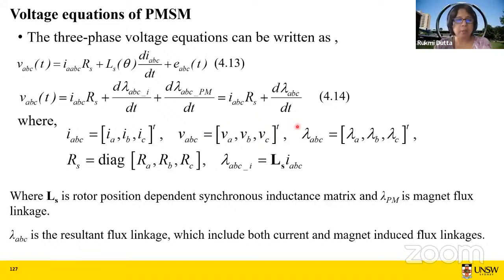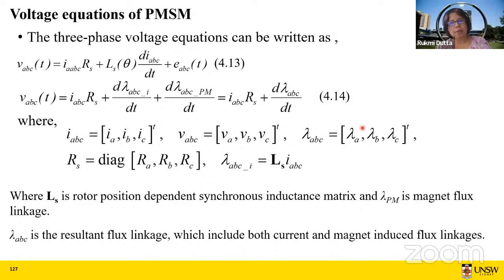And we also need to know that in this equation, the resistance, which is shown as RS, is actually again a matrix, a diagonal matrix with values RA, RB, RC. So these are the three-phase resistances, and they could be of the same value. Usually that's what it is: RA, RB, RC are equal in a balanced three-phase machine.